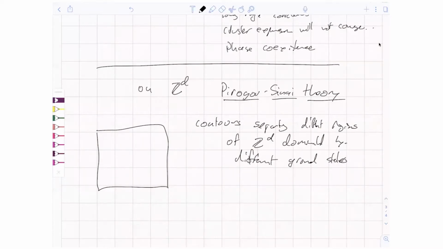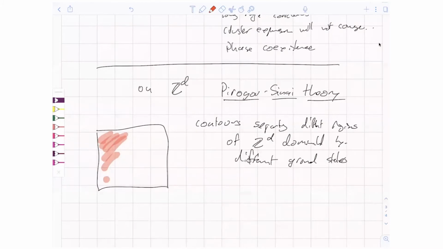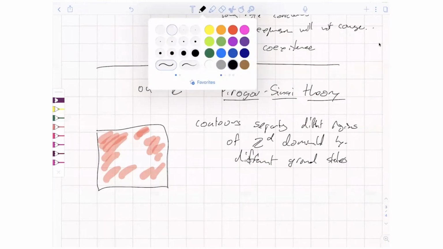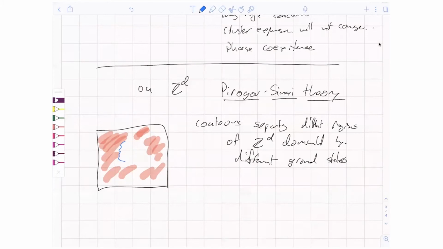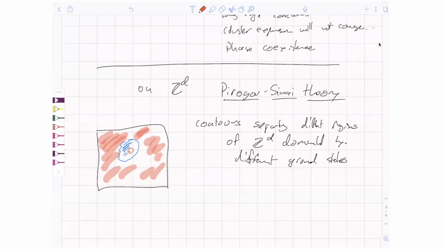So imagine that you're in, in the Potts model, let's say, a red dominated configuration. You might see some deviation from this, a contour, where inside the contour you're looking blue. But inside your blue island, you might have another red island, okay?